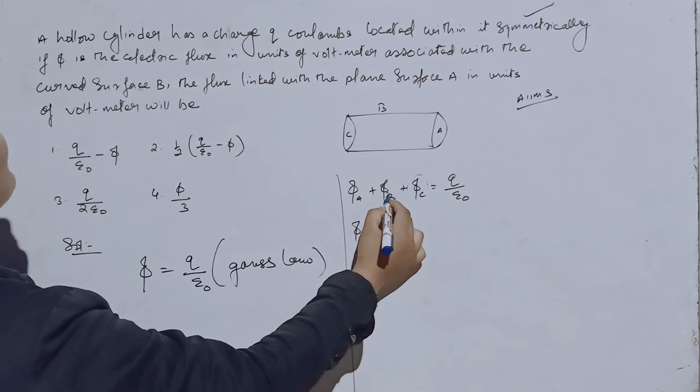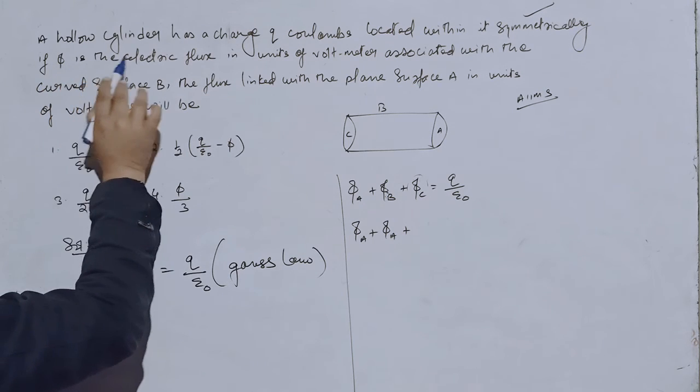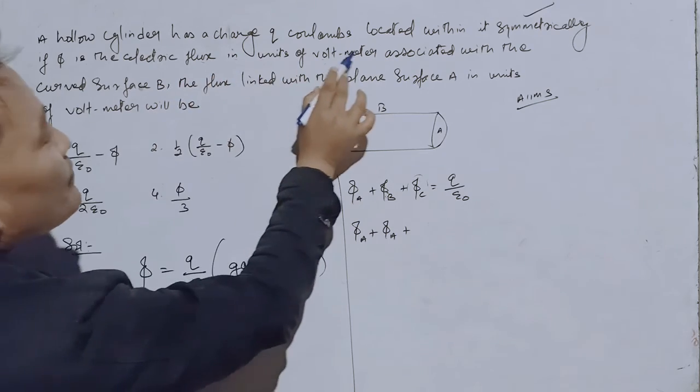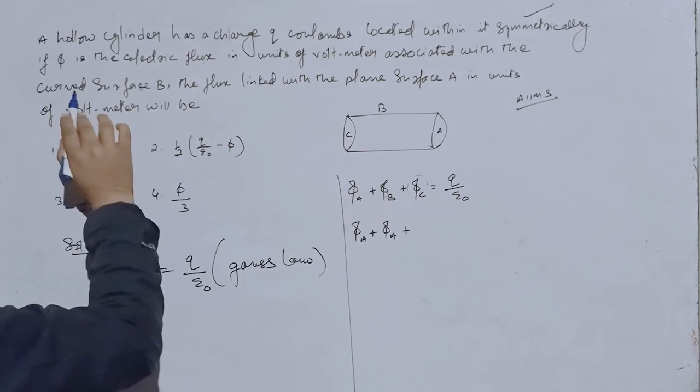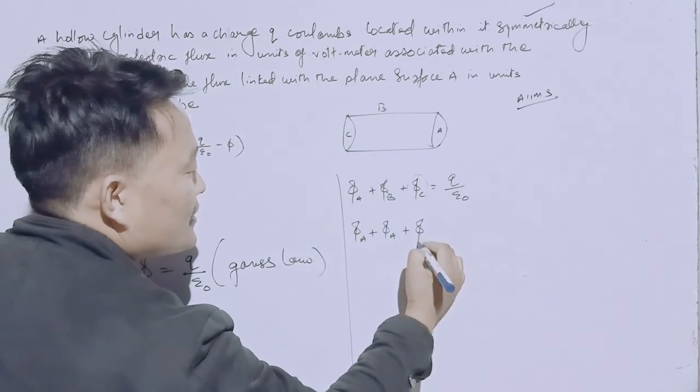If phi is the electric flux in units of volt-meter associated with the curved surface B, then at surface B the flux is phi.